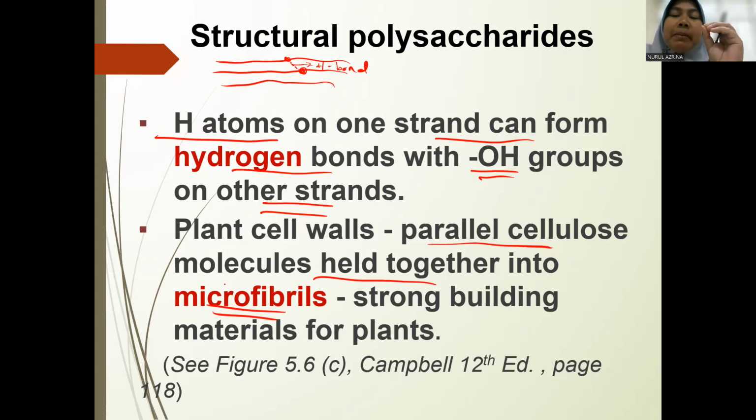So ikatan ni menyebabkan sel wall tu jadi sangat kuat sebab dia jadi macam satu bundle yang sangat tebal, right, dan sangat utuh, right, very very strong. So forming microfibril. So that's why cellulose is very good to become a strong building material for plants. Okay, like this one.